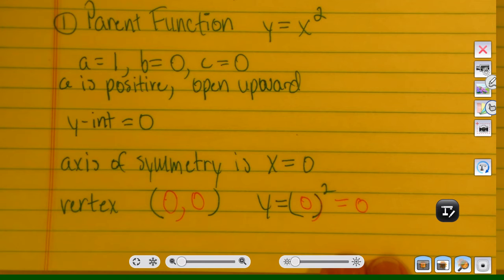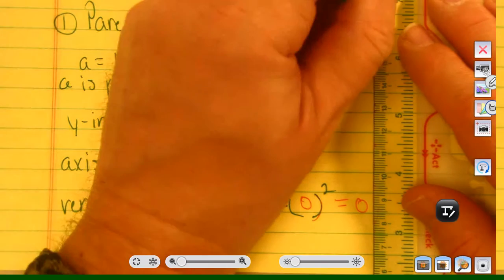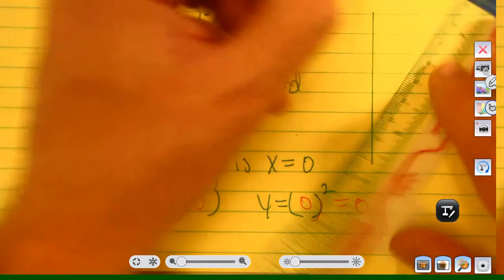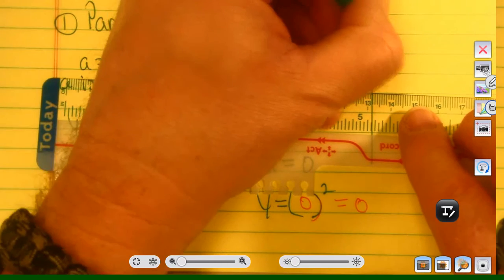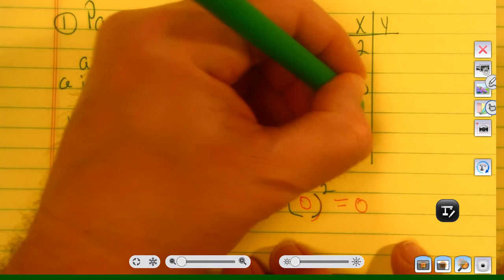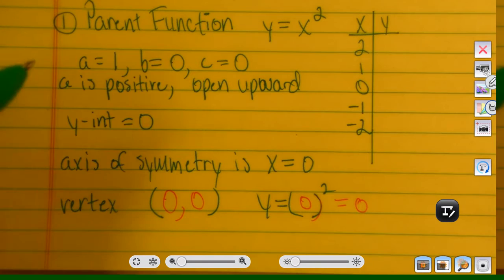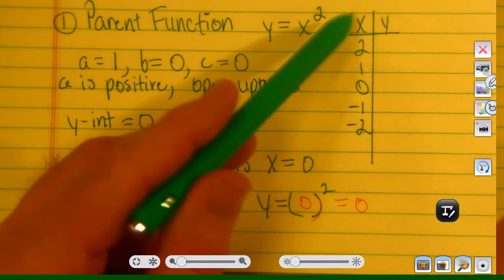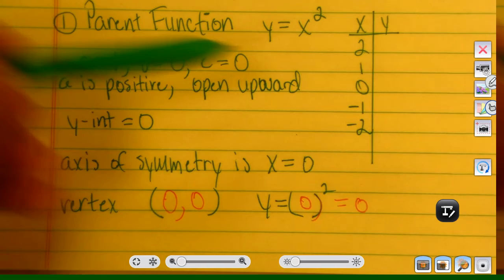The other thing I would like to do is take that same quadratic and create a T-chart. So what I'm going to do in my T-chart is to take values of 2 and plug it in for x.